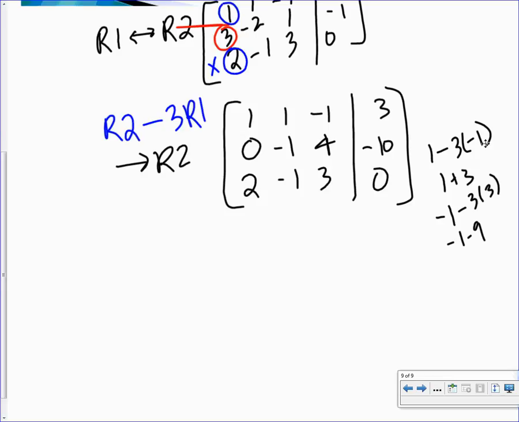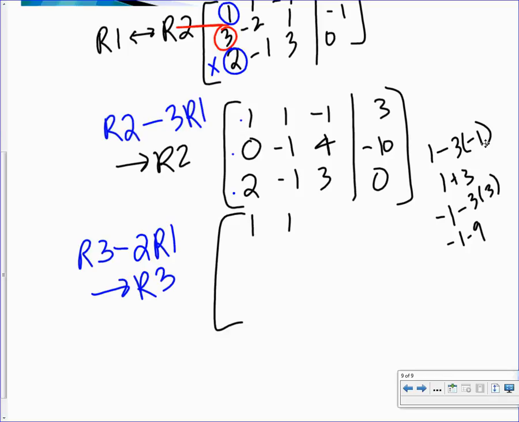All right, next position, going down the stairs. So I've got my 1, I've got my 0, now I want my 2 to be a 0. So I'm going to take row 3, and I'm going to subtract 2 of row 1. So 2 minus 2 will give me my 0. And the solution is going to go into row 3. First 2 rows are not changing.